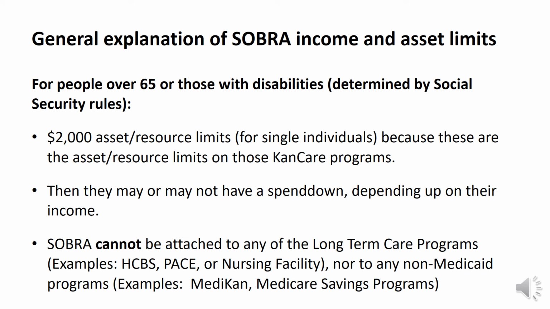Then they may or may not have a spend down depending on their income. And SOBRA cannot be attached to any of the long-term care programs such as HCBS, one of the home and community-based service waivers, or PACE or nursing facility, nor to any non-Medicaid programs such as Medicare Savings Program, for example.